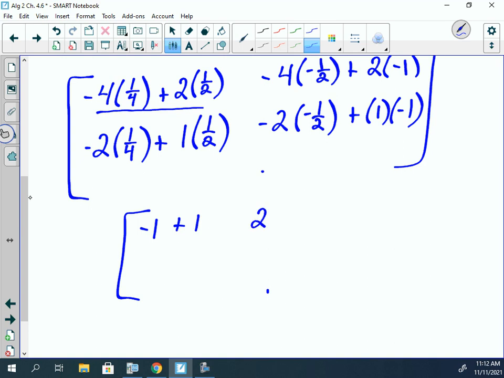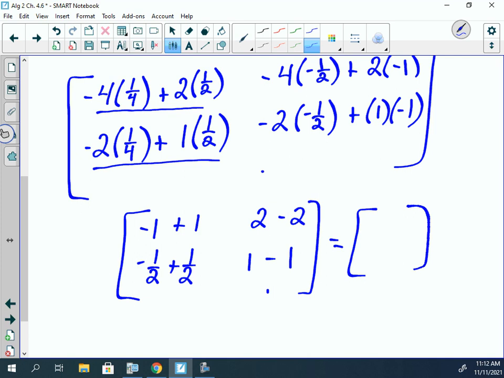And 2 times negative 1 is negative 2. And our bottom here, negative 2 times 1/4 would be negative 1/2. Plus, well, 1 times 1/2 is 1/2. And the last one, negative 2 times negative 1/2 would give us 1. And 1 times negative 1 is negative 1.